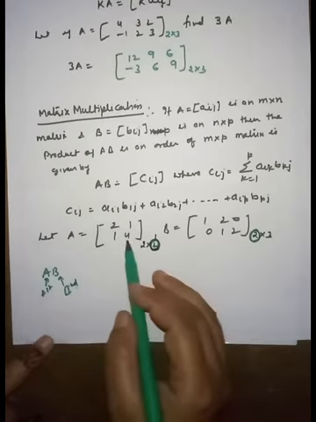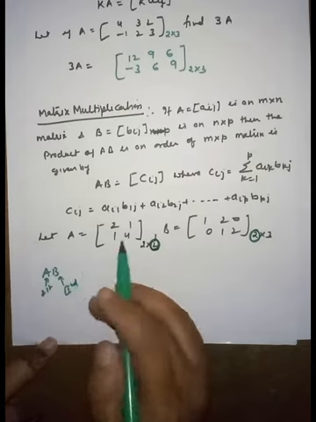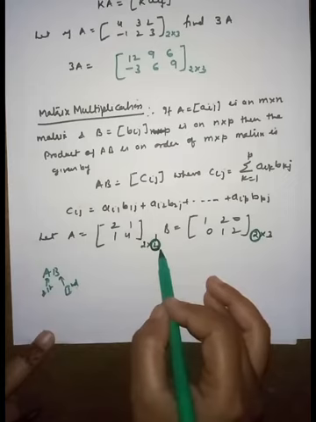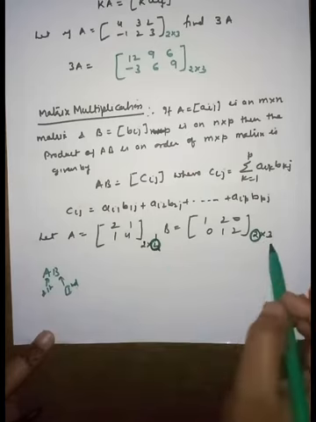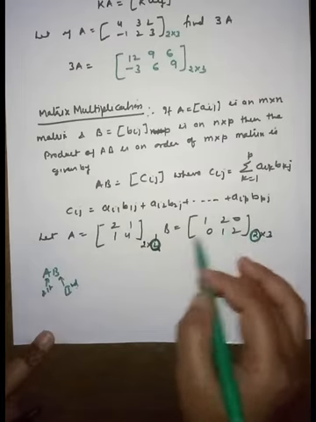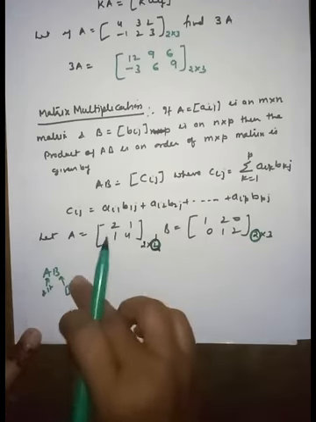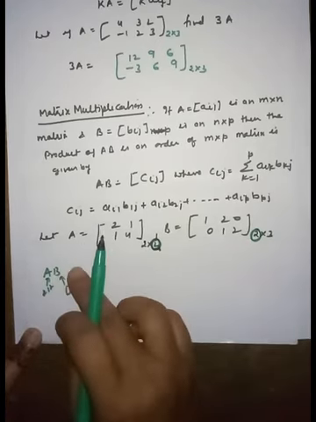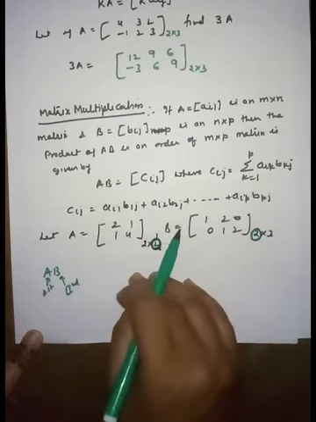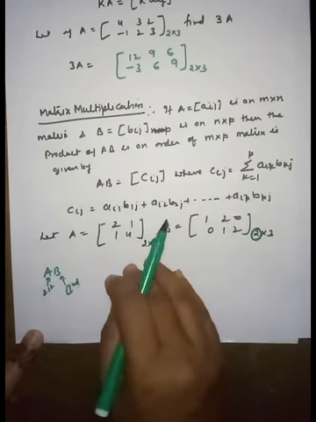If you want to find AB, in this case A is your first matrix and B is your second matrix, right? AB is possible when the number of columns of the first matrix is equal to the number of rows of the second matrix, it must be equal. Then AB is defined. Otherwise, if this condition does not hold, then matrix multiplication is not possible.